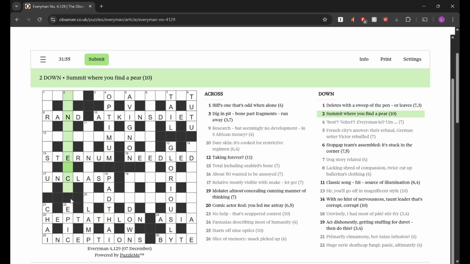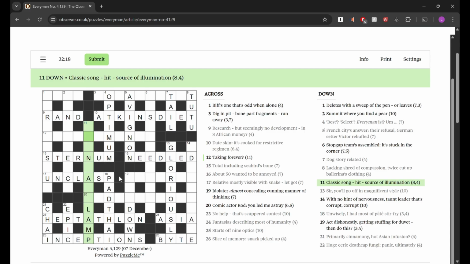Summit where you find a pair. Oh, I don't know. Not seeing that either at the moment.